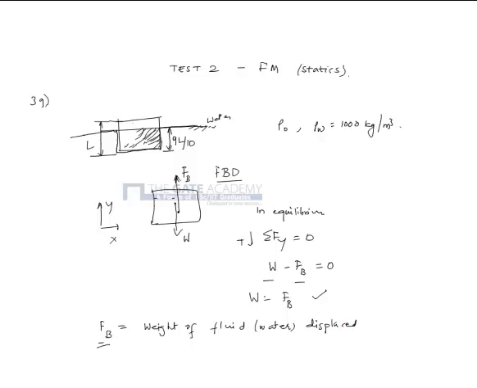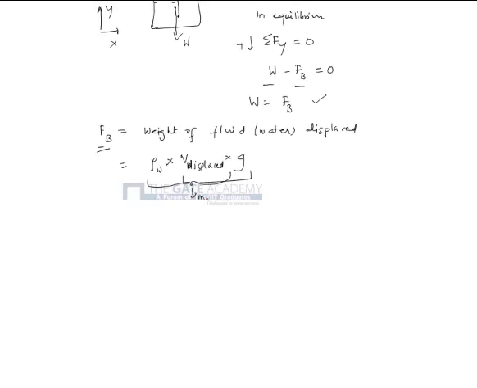The weight of the fluid displaced means it's basically the density of the fluid into the volume of the fluid displaced into G. So this part is the mass, and when you multiply with G, it is the weight of the fluid displaced. So let's keep the density as rho W.